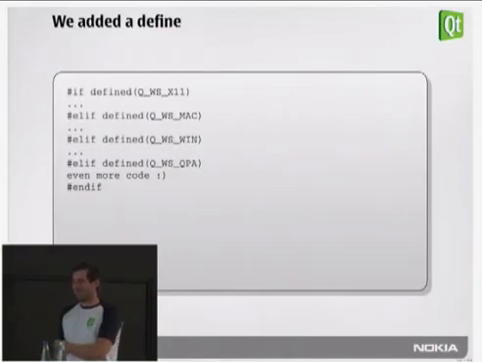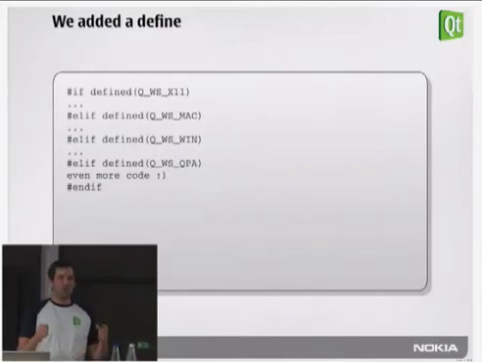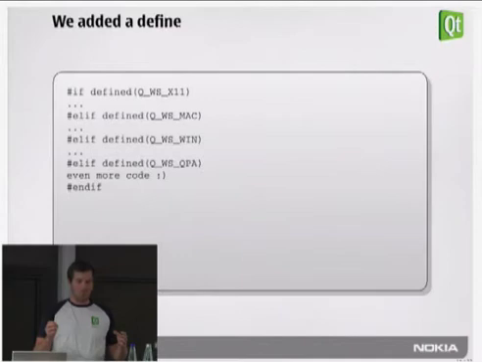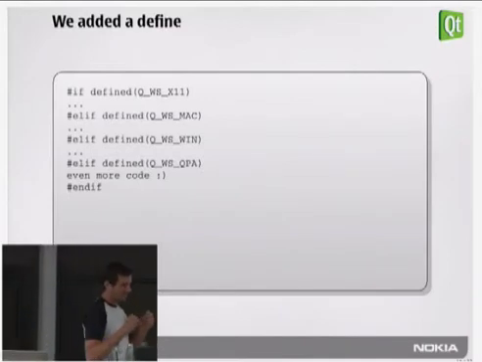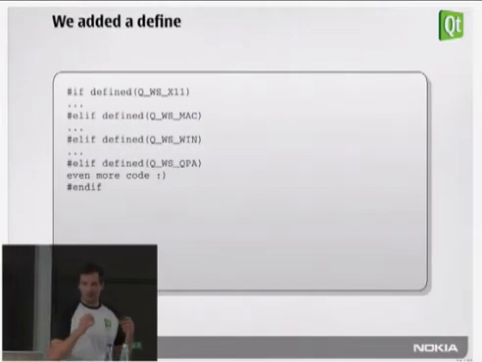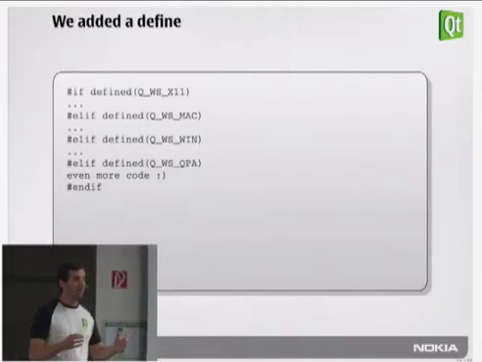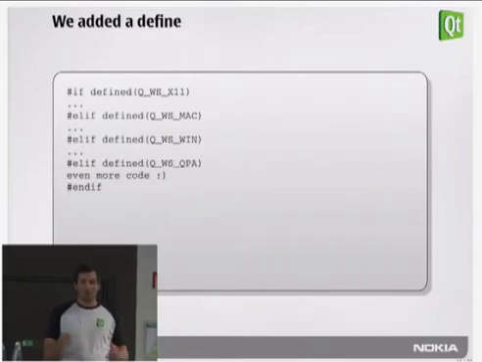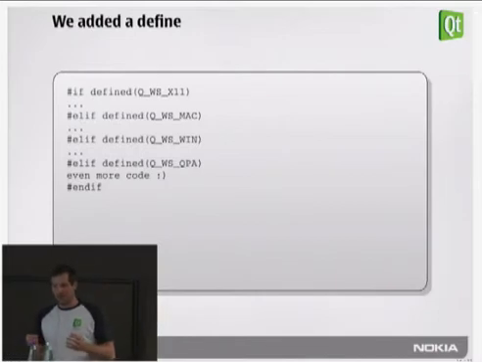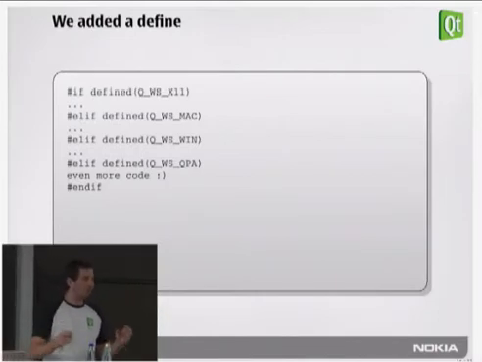But that's how we actually develop Lighthouse. We try to write a lot of the Q_WS_X11 and Q_WS_MAC code, for instance, is duplicated code. There's a lot of stuff in Qt GUI which is labelled system-specific code, but is not really system-specific.